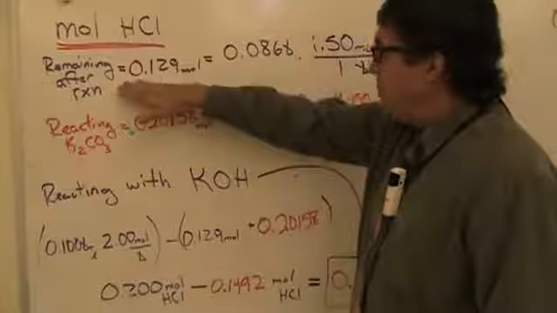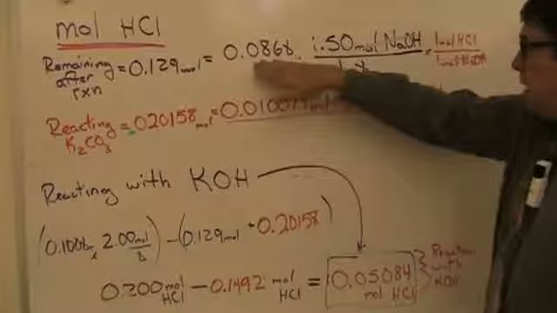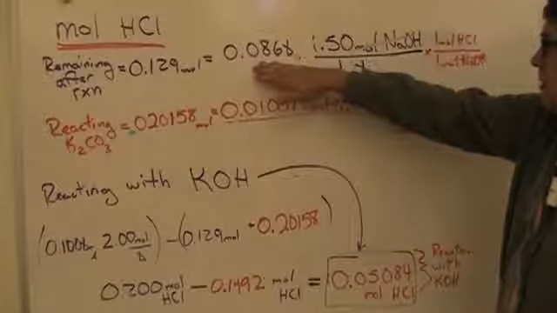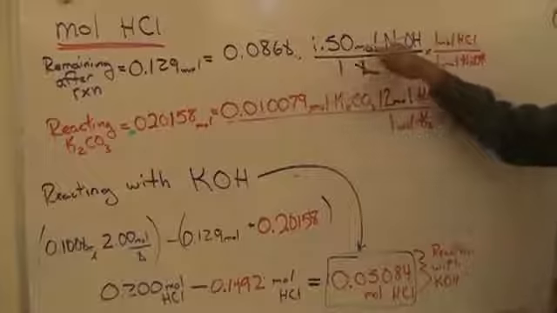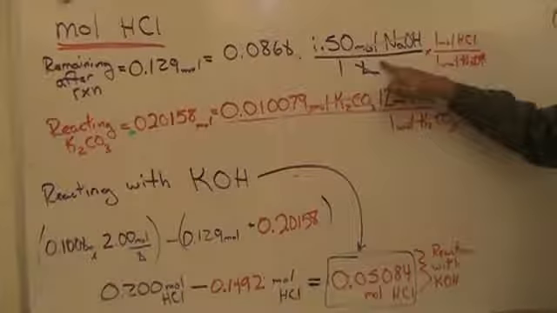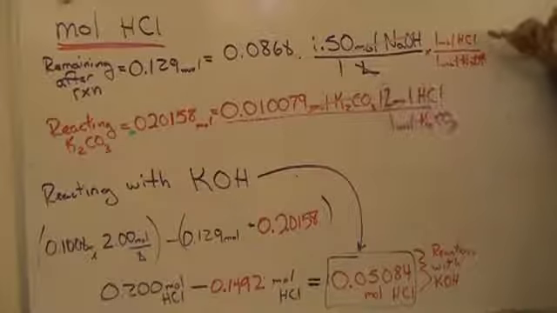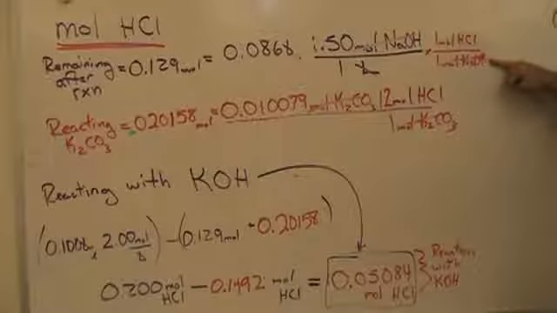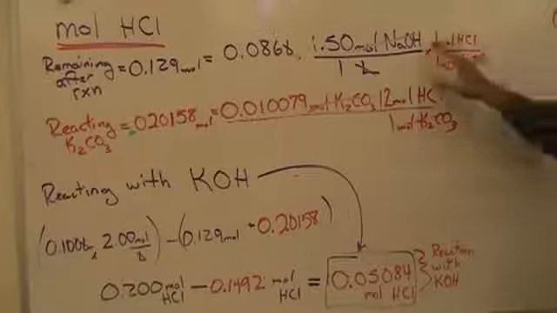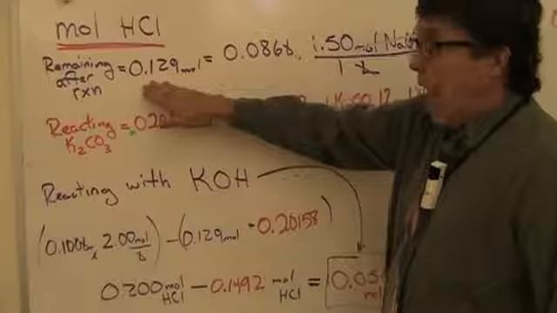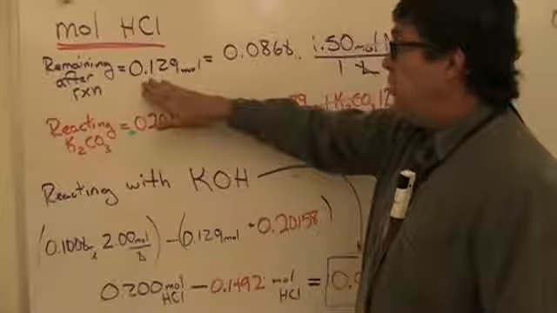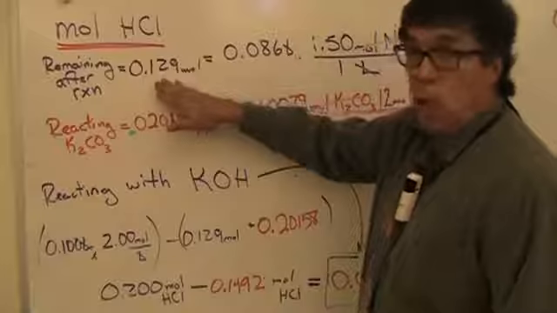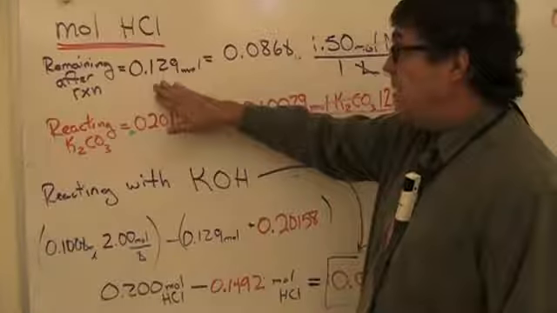So after the mixture, remember there was the 86 milliliters of base that had a concentration of 1.5 moles per liter. And of course there's 1 mole of HCl for every 1 mole of sodium hydroxide. And that tells me that after both of these reactions occurred, I still had 0.129 moles of hydrochloric acid left.